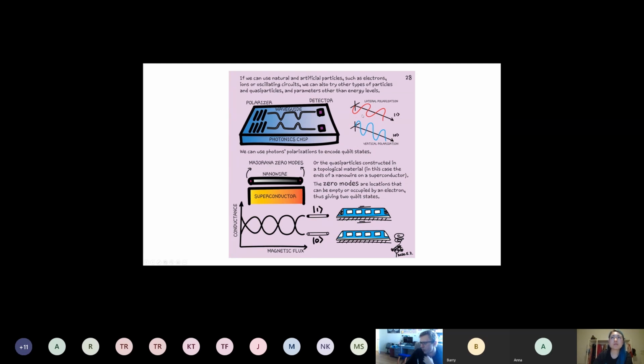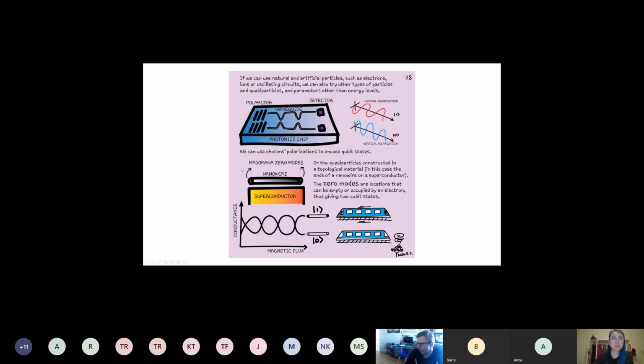And we could encode the qubit states into different polarizations. So here are just some cartoons to show you generally. You could say when you have a vertical polarization, that's my 0 state. If I have a lateral polarization, that's my 1 state. You could use photons this way to form your qubits.